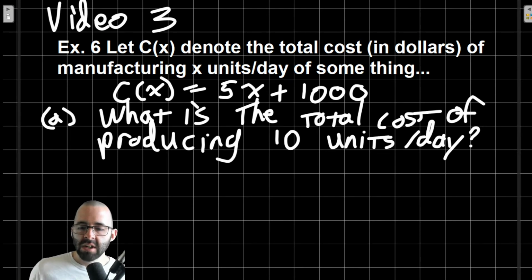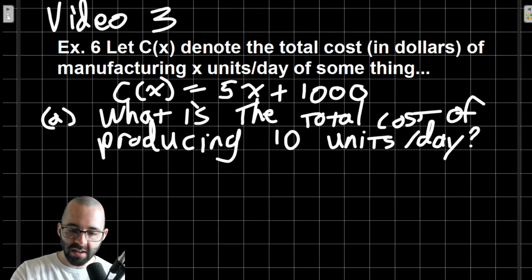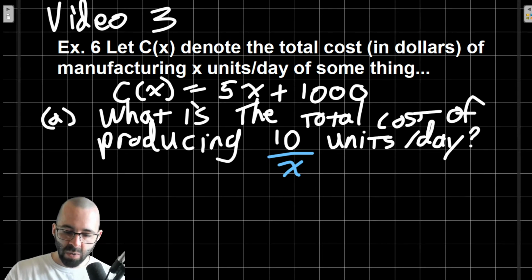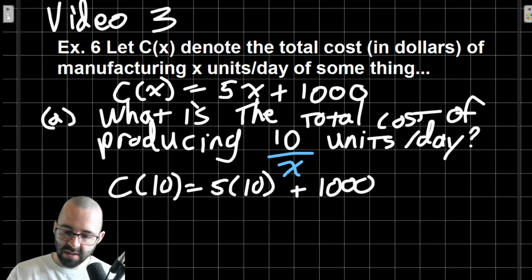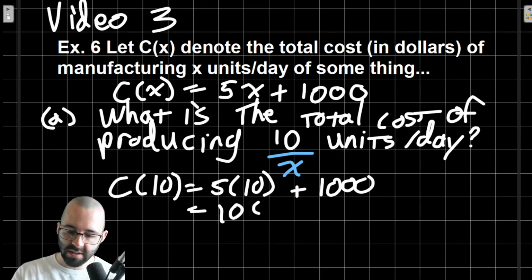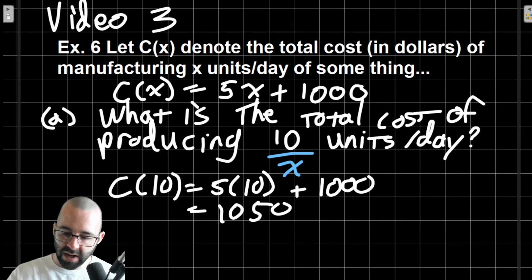This function shows the total cost, C, of manufacturing x units per day. So here, our x is just 10. We just plug that in. What is the cost when x is 10? That's going to be 5 times 10 plus 1,000. You can do that on a calculator. This will be 50. 50 plus 1,000 is 1,050. So our answer is going to be a cost of $1,050.